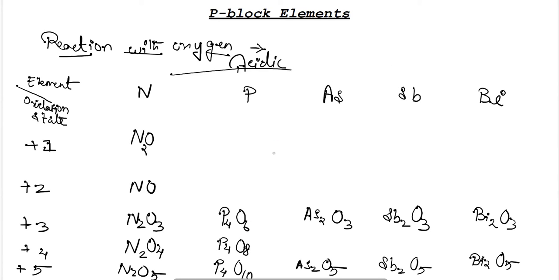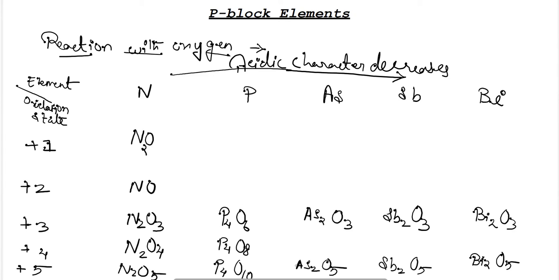The acidic character is decreasing. So this is the characteristic of acidic character for the different oxides formed by the group 15 elements.